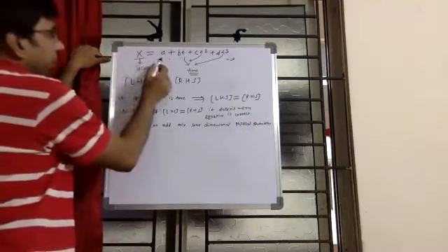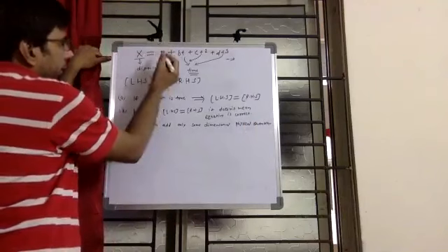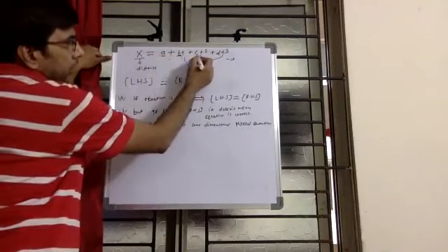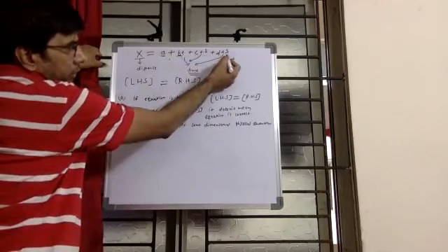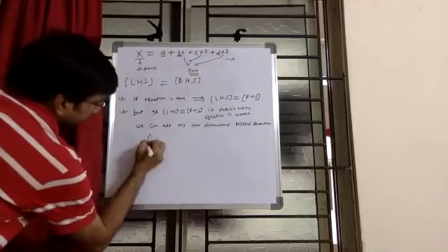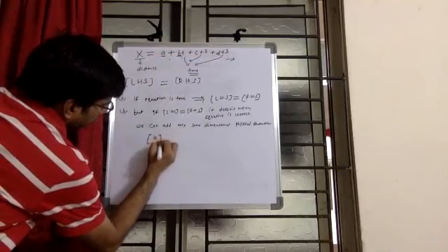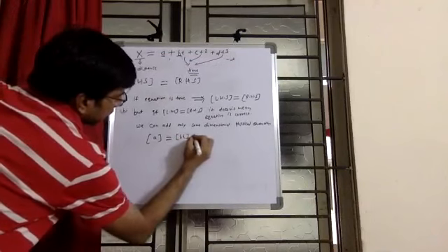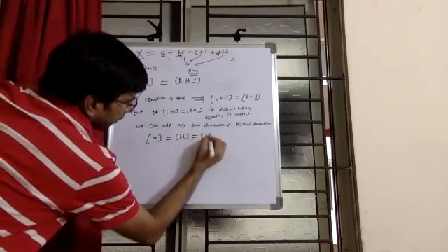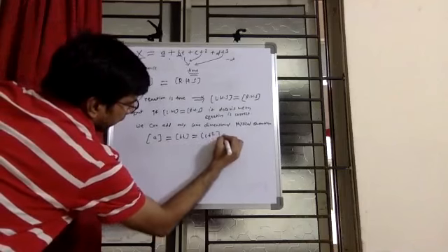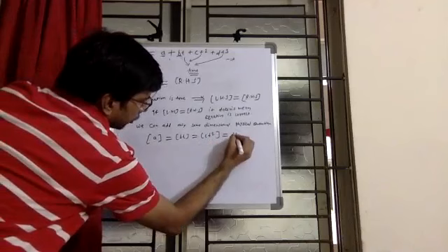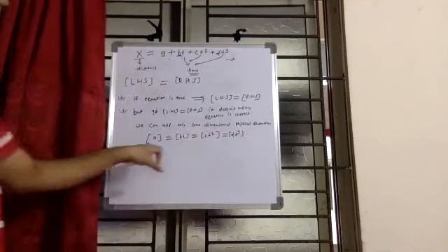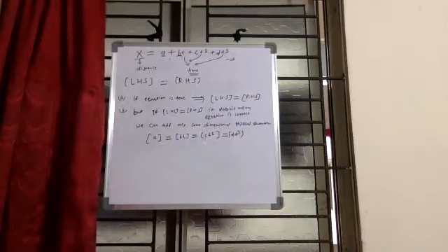So what we are saying is that the dimension of A will be same as dimension of BT, that will be same as dimension of CT square, that will be same as dimension of DT cube. Dimension of all these physical quantities will be same.